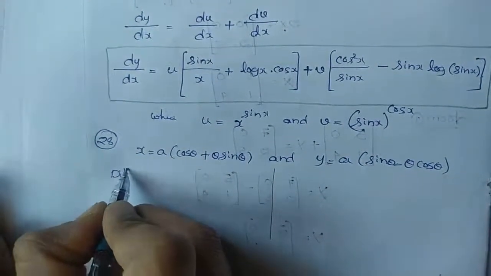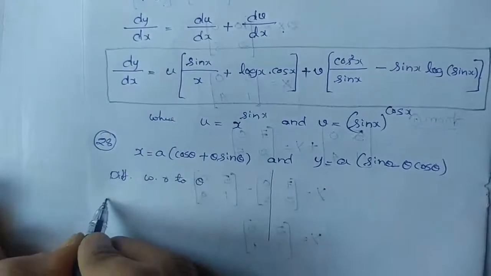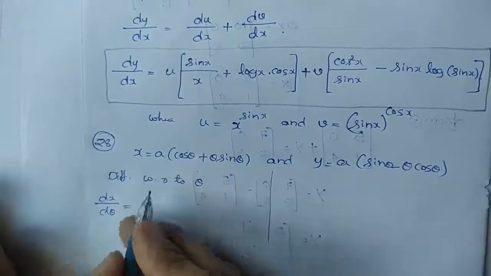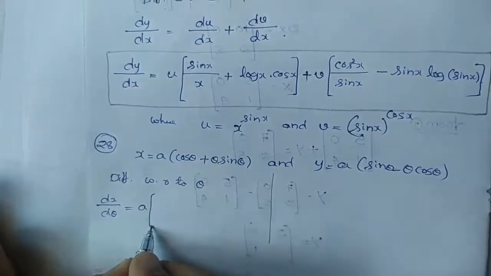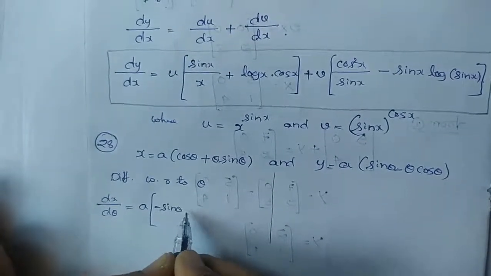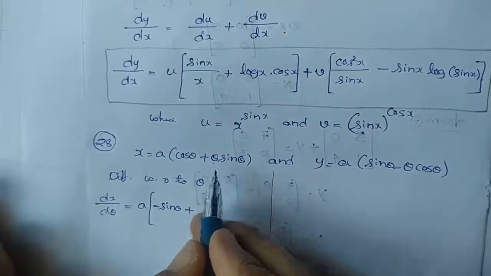So differentiate with respect to theta, then dx by d theta equals, a is constant, keep it as it is, a into differentiation of cos theta is minus sin theta plus, next it is in the form of product rule.